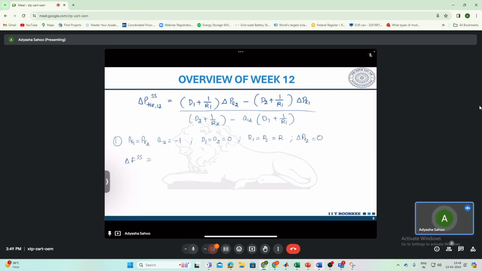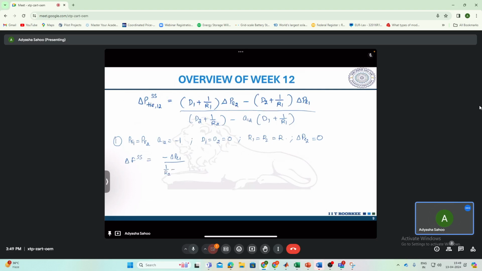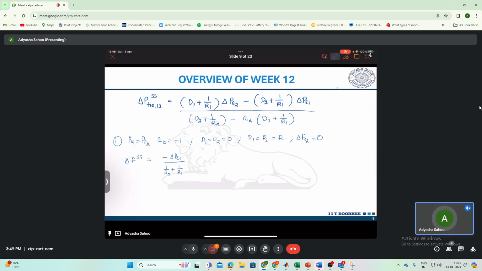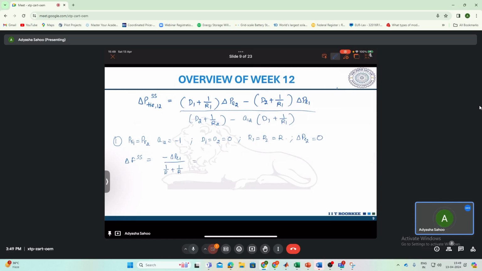So PL2 will go out, D has gone, so A12 is minus 1, so that will be minus delta PL1 divided by 1 by R2 plus 1 by R1, or basically here only R, because both are the same. So that will give us minus R into delta PL1 by 2.